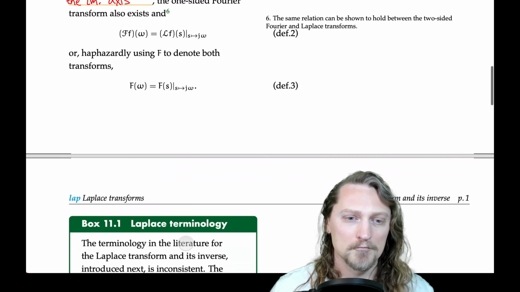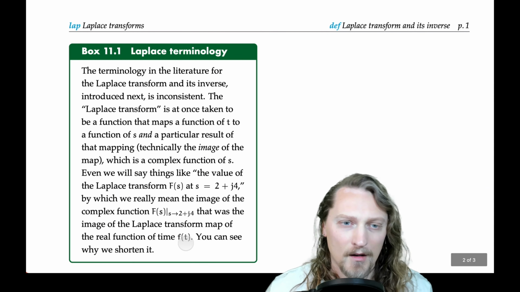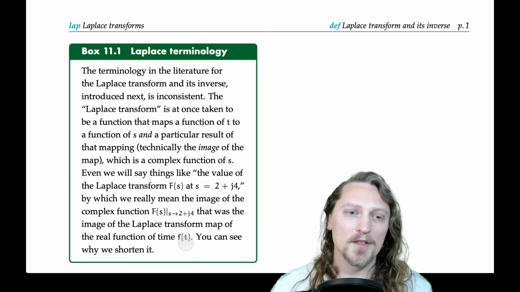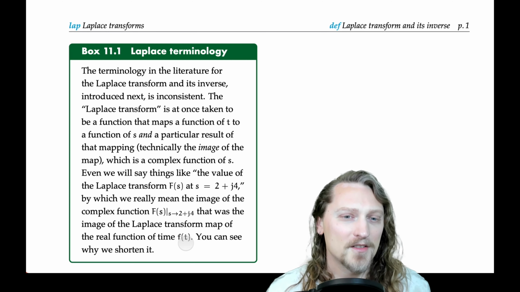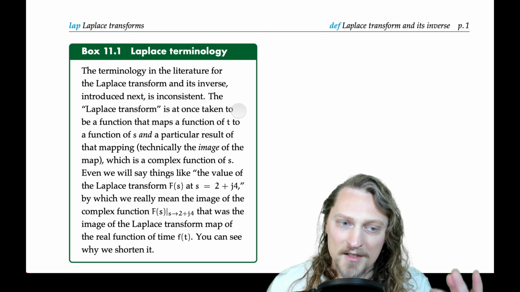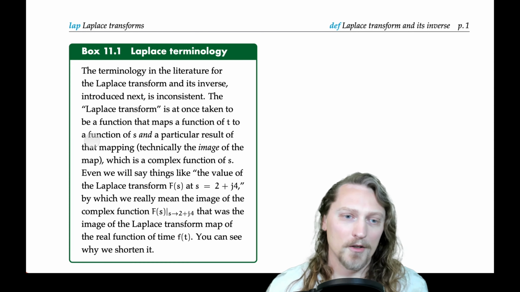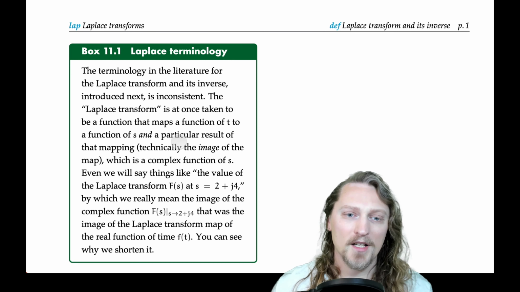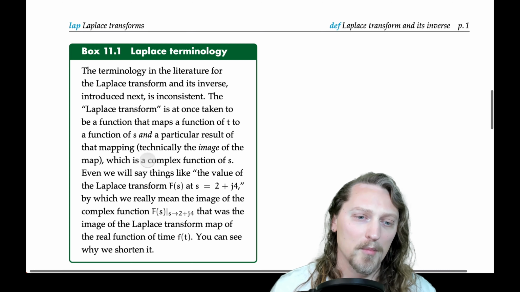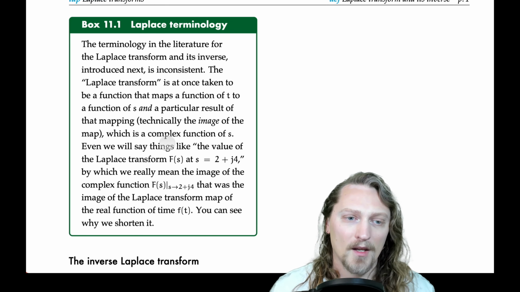Now let's talk about terminology. The terminology in the literature for the Laplace transform and its inverse introduced next is inconsistent. The Laplace transform is at once taken to be a function that maps a function of t to a function of s and a particular result of that mapping, technically the image of the map, which is a complex function of s.